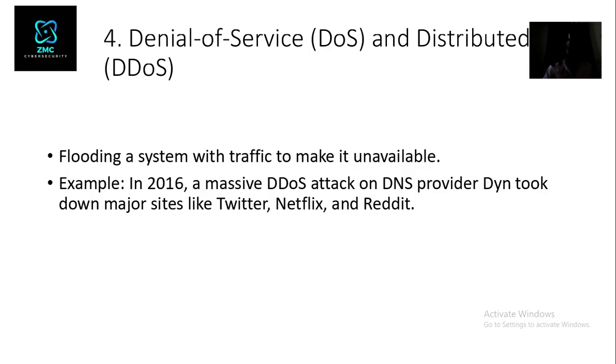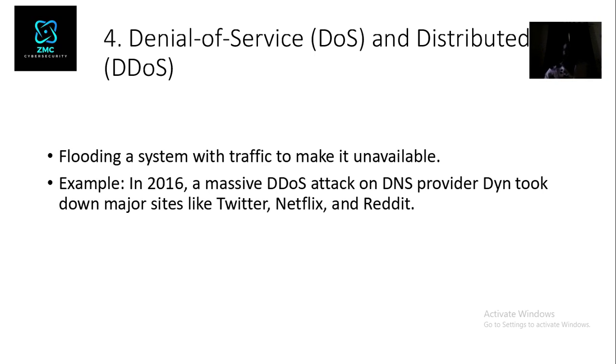Then we have DoS or DDoS attacks, denial of service and distributed denial of service. It's whereby an attacker floods a system with traffic to make it unavailable, whereby multiple pages just keep popping up, and you cannot exit one and access anything on that server or computer.